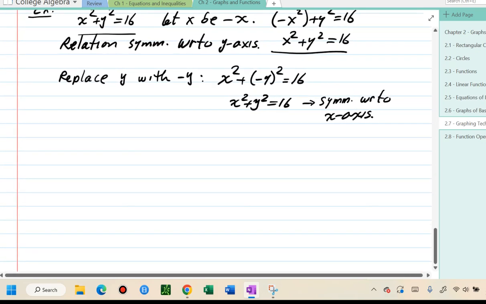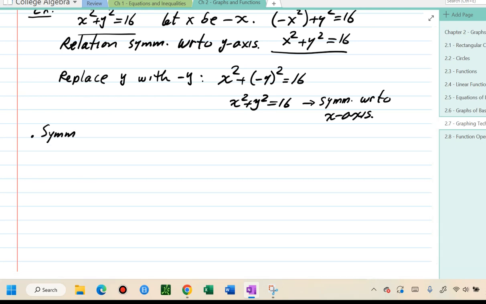Now the last thing in terms of symmetry we're interested in is symmetry with respect to a point. A specific point for us is the origin. By the way, we can do tests for symmetry with respect to any other axes, not just x and y. I can do a test for symmetry with respect to, let's say, the line x equals 7. Those get a little more complicated, but here we're looking at the basic coordinate system and a very specific point, the origin.